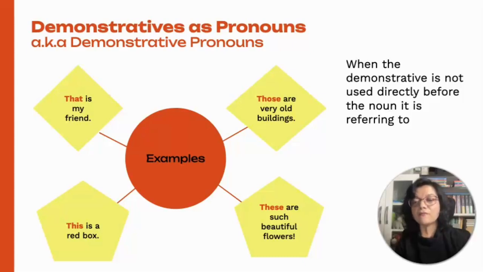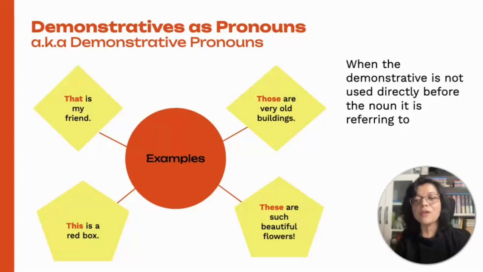Moving clockwise, we have the sentence that is my friend, where that is a pronoun for the word friend, and since it is not used right before the noun friend, it is acting as a demonstrative pronoun. Let's move on to the next example, which is those are very old buildings, where the word those refers to the buildings, but as it is used away from buildings and not right before it, it is functioning as a demonstrative pronoun.